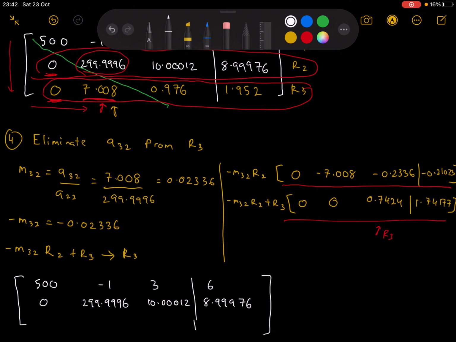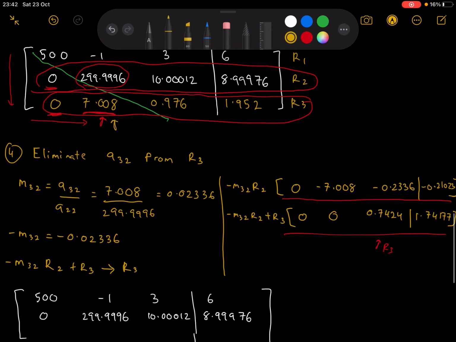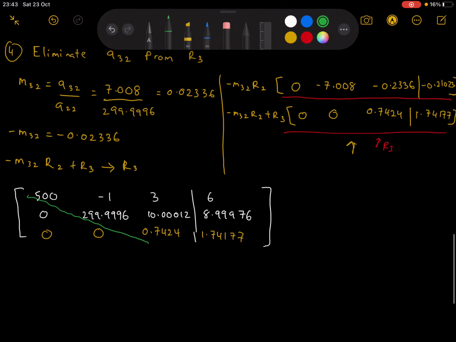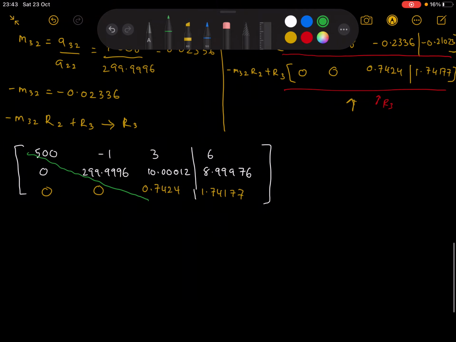Okay, so what will change is the value on row number 3, which we will obtain from here. Okay, so it becomes 0, 0, 0.7424 and 1.74177. So if you look here, okay, anything below our diagonal line is 0 already, so we can use our backward substitution.